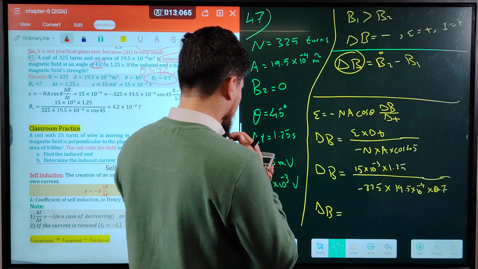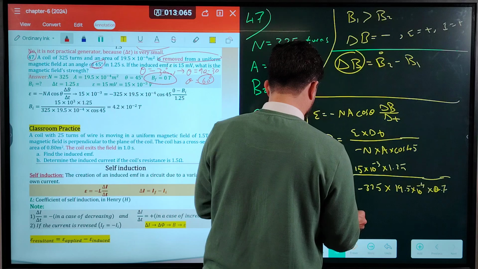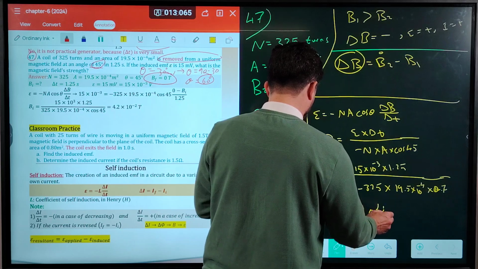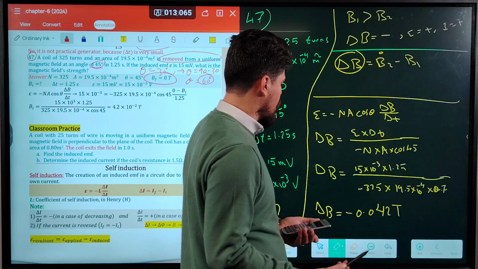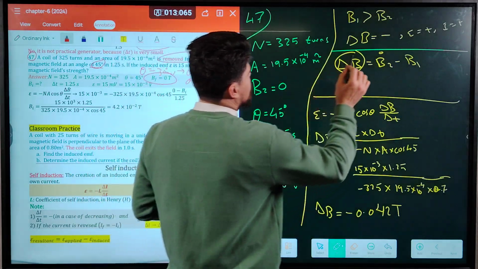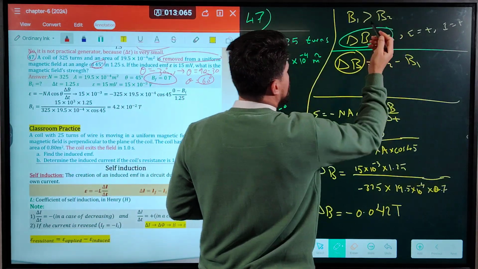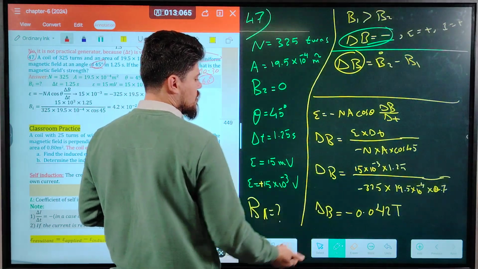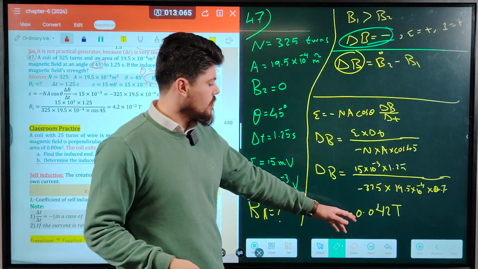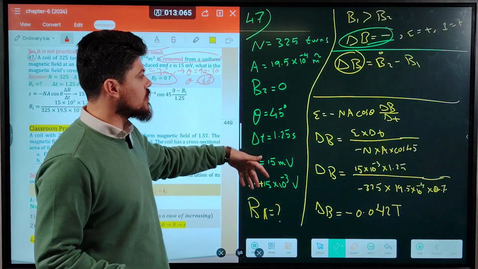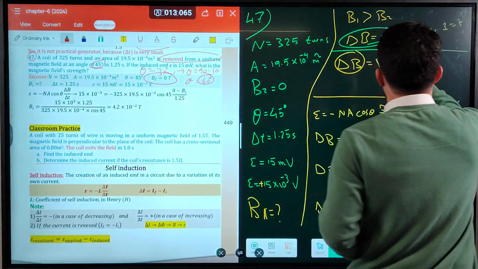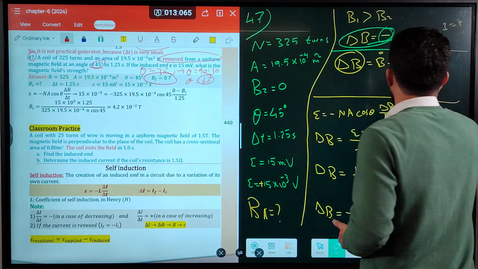I got negative 0.0442 Tesla. What is this? This is the change in magnetic field, guys. As I mentioned, the change in magnetic field should be negative. So I got negative. Why? Because the magnetic field decreased, because the coil is removed from the field. Delta B is negative. Now we have to find B1.